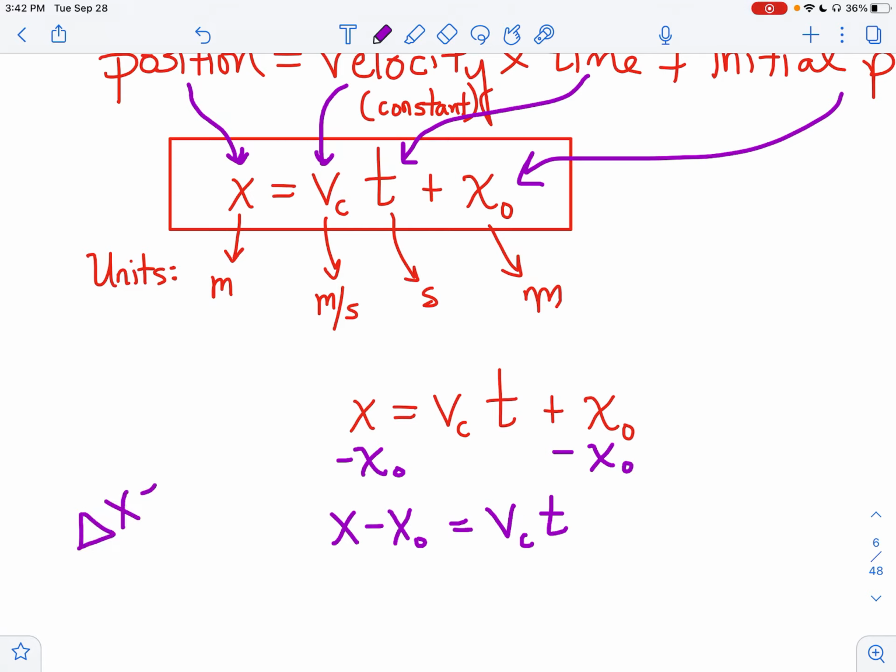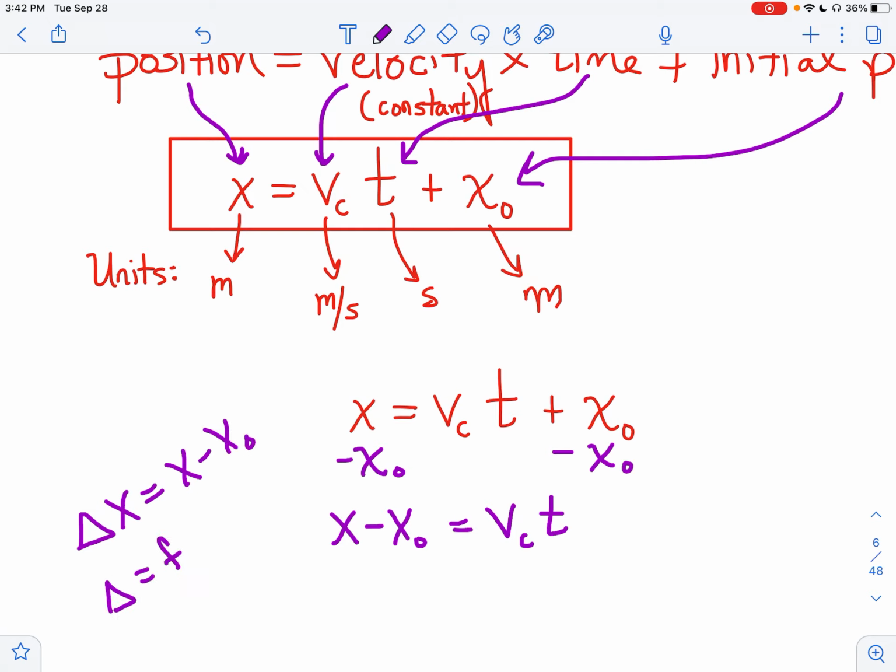That just means x minus x sub 0. So delta means take the final value of whatever it is minus the initial value. So sometimes we'll write this equation as delta x equals constant velocity times time.